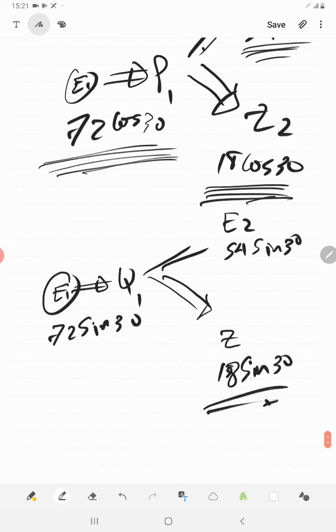Okay, it's the same. So the 72 sine 30 is supplied by source 1, part of it will go to source 2, and the other part will go to the impedance. I want you to keep in mind all these things, okay? Please read the notes and the examples, and keep in mind all these things.